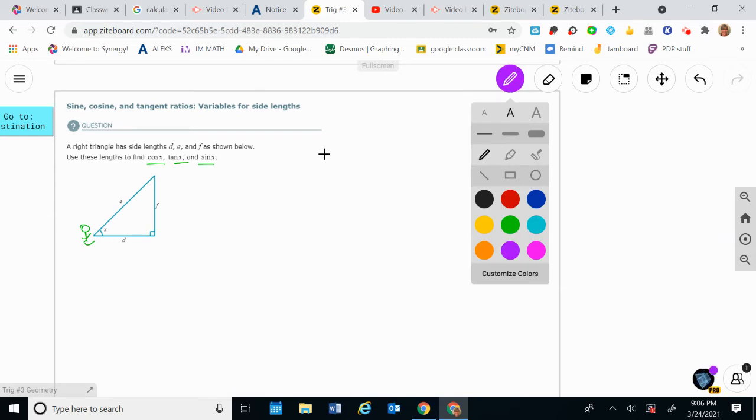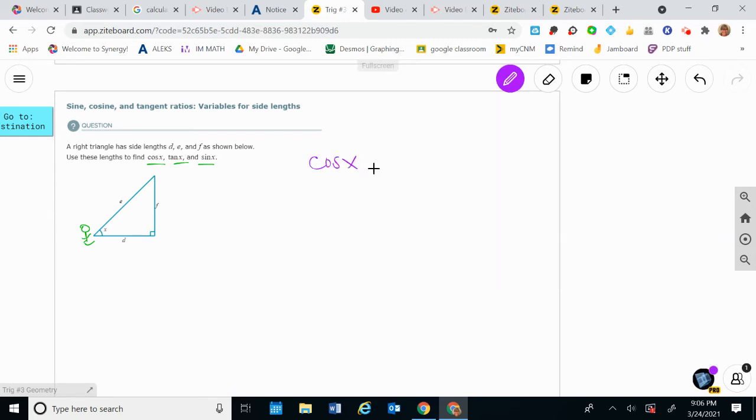I'm going to change colors because cosine of X is equal to, SOHCAHTOA, adjacent over hypotenuse. Here I am. Adjacent is D over hypotenuse E. Tangent of X is opposite over adjacent.